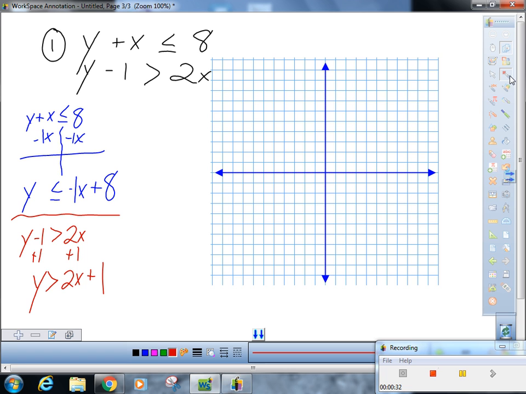So, I'll start with the blue one. Is it going to be dashed, or is it going to be colored in, the line? It's going to be colored in. Once we have them in this form, just go up to the point 0, 8. What is that point again? What's that called? The y-intercept. Did I go too high? Nope. All right, and then what's my slope? Negative 1. So go over 1, down 1, over 1, down 1, over 1, down 1. That's plenty of points.